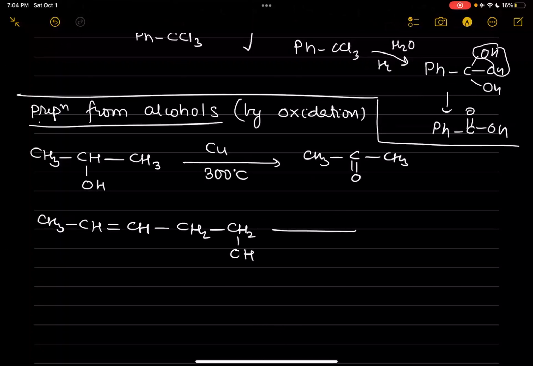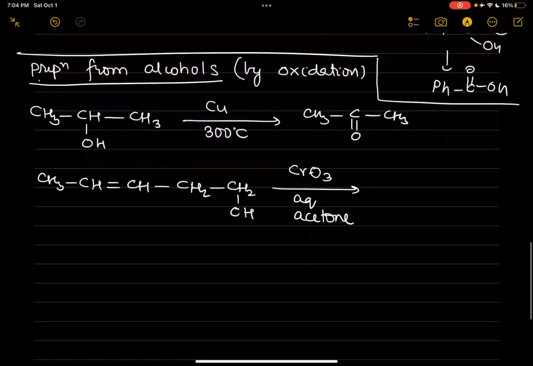Actually, if there is a double bond, you need to be very careful. If there is a double bond, there are chances that the double bond will also get oxidized along with the OH group. So you take Jones reagent.